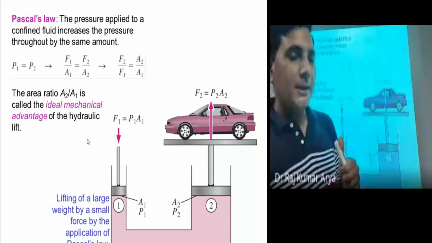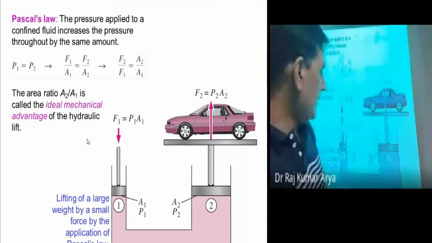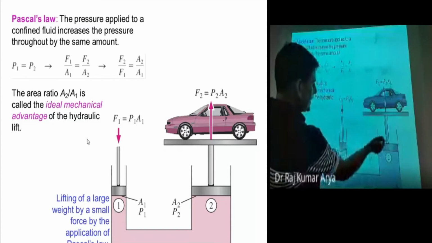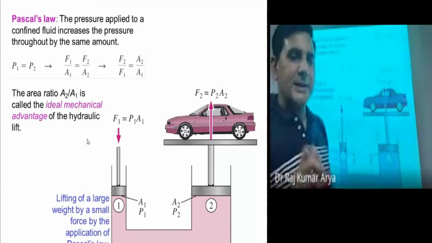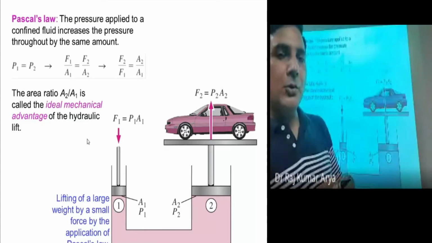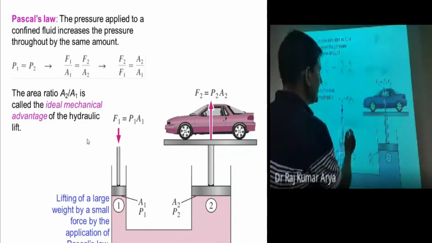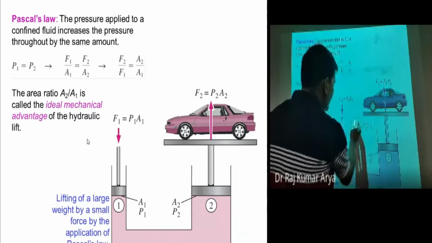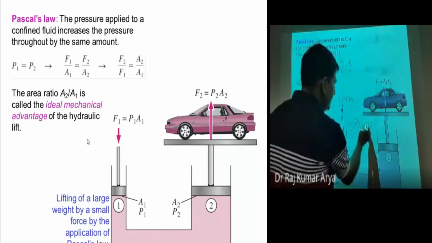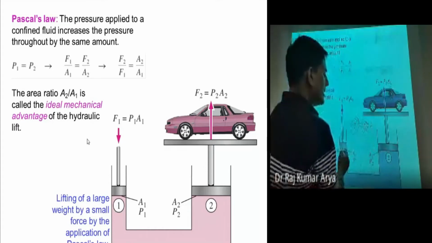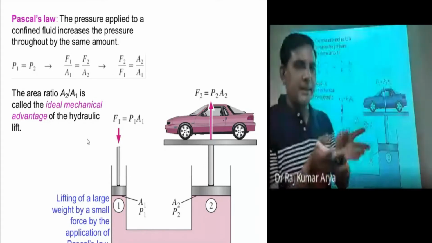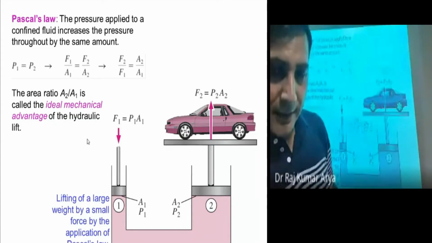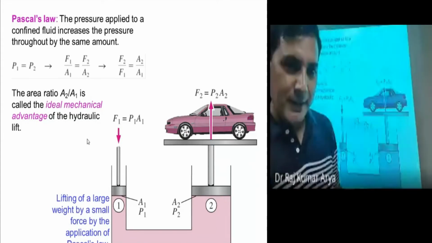Moreover, it should not be compressible, because with heavy density, a slight change in h would be a very large change in pressure. So with just a small change of height, you can create a larger amount of pressure in a heavy density fluid, because pressure is just rho g h. If the density is very high, then with a small height variation you can have a larger pressure change. So you need a very high density fluid here.